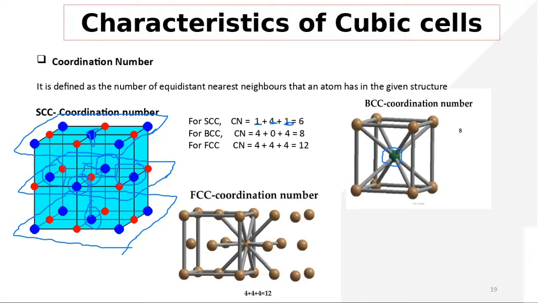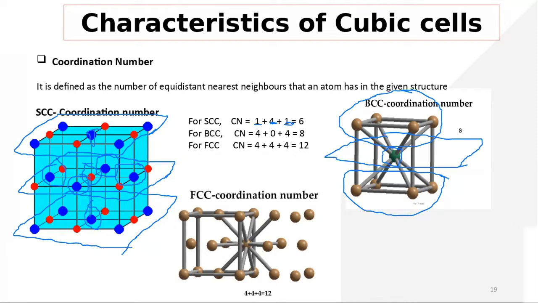In terms of planes, taking this as a crystal plane, we can see four atoms below this crystal plane, 4 atoms above this plane, and 0 atoms equidistant from this atom within its plane. So in total, for the BCC structure there are 8 atoms. This is the coordination number for BCC.